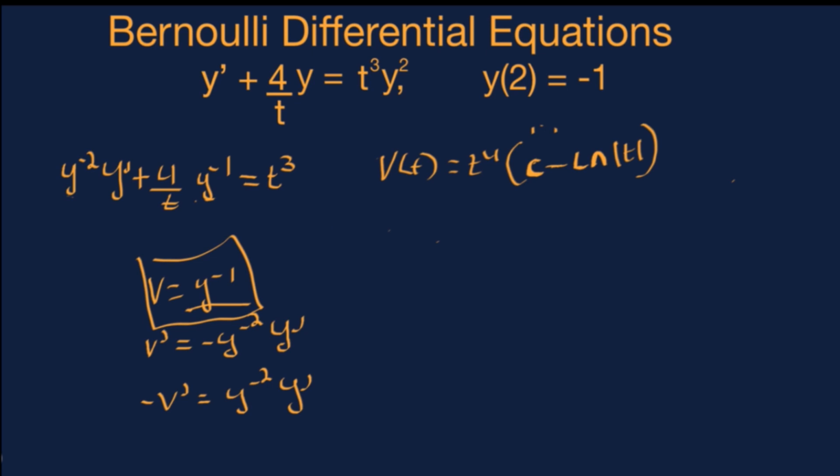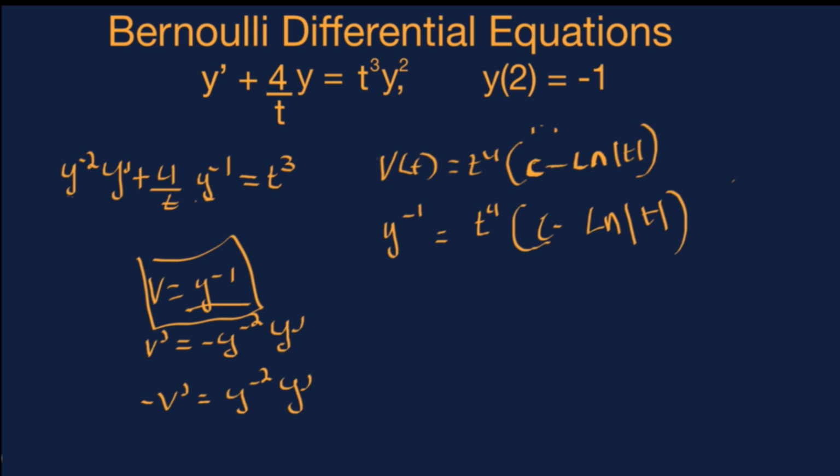So when we substitute it, we get y to the -1 is equal to t to the 4th times c minus the natural log of the absolute value of t. At this stage, we can either solve for y, or we can actually plug in the value of our initial condition to solve for the unknown constant c. So let's go ahead and do that.